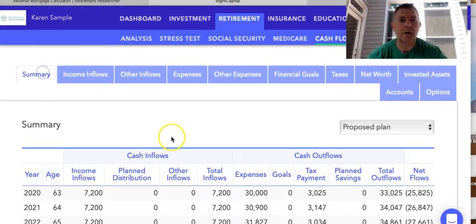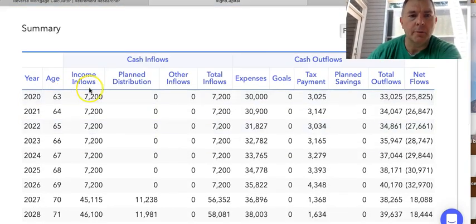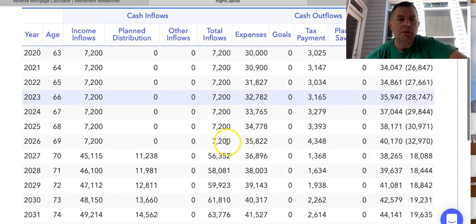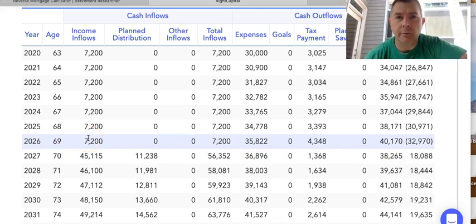So her income flows are coming from her reverse mortgage and from pulling $25,825 from her IRA, and paying taxes of $3,000 on that distribution. When she hits 70, she's going to have RMDs, required minimum distributions, and income flows of $45,000 total, because it'd be $7,200 from her reverse mortgage plus her Social Security kicking in.